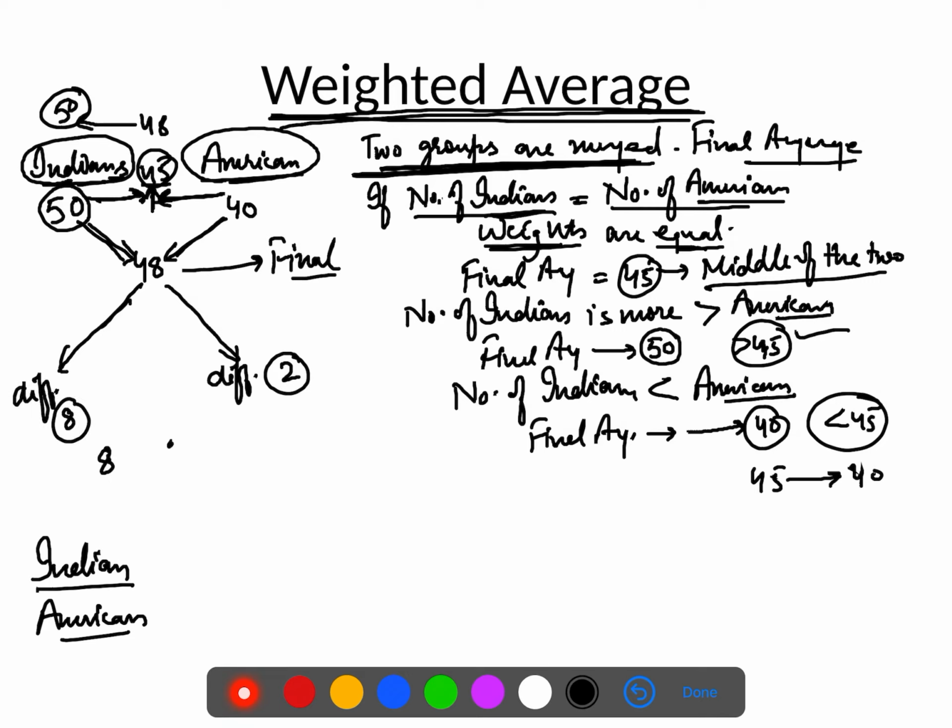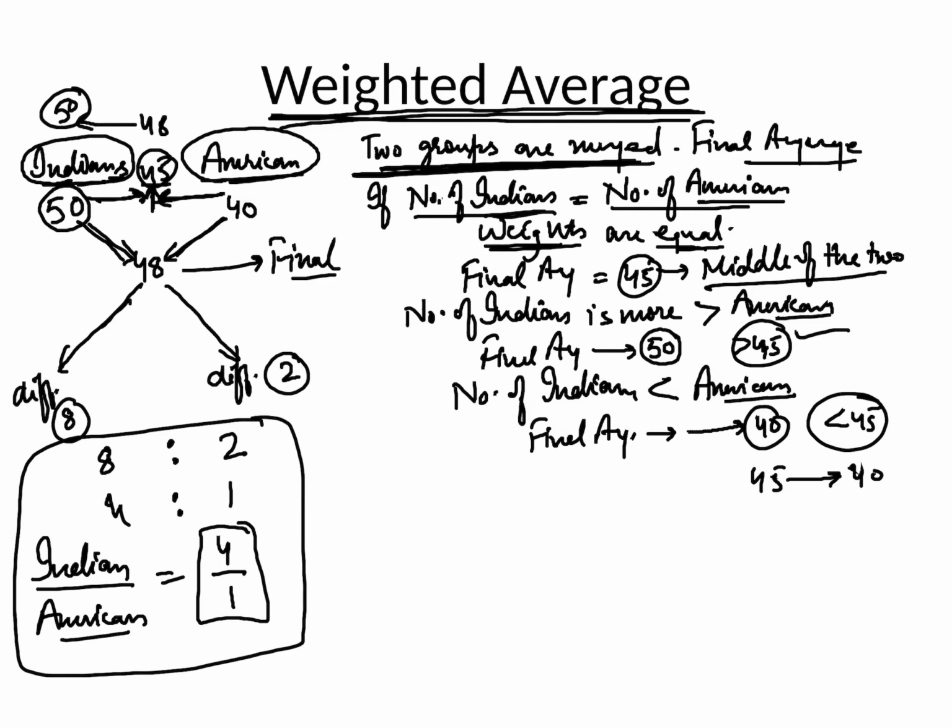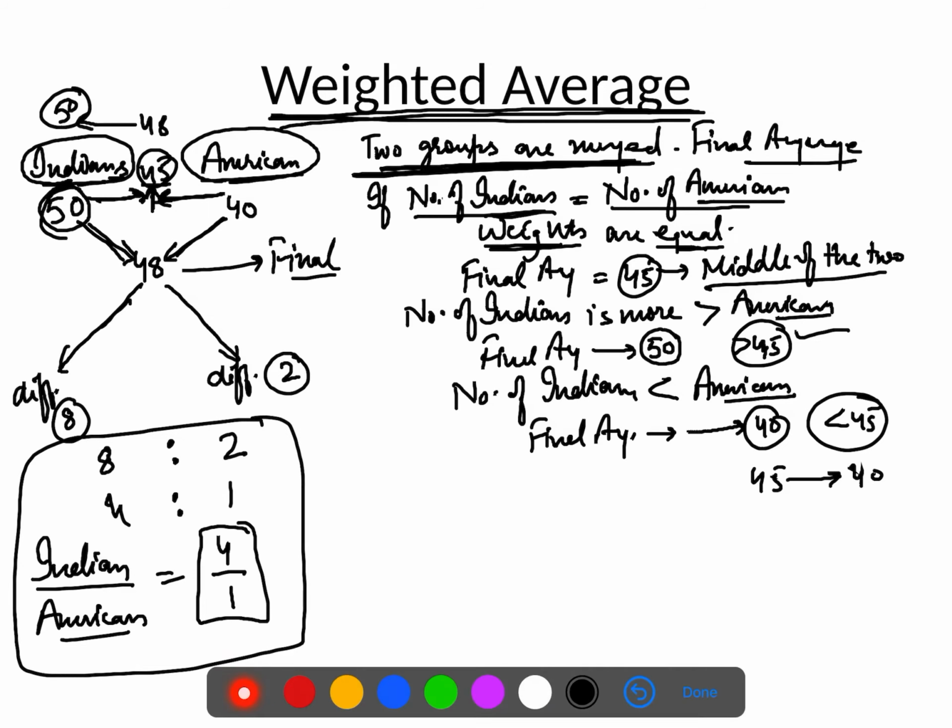This 8 is to 2, or 4 is to 1, is the ratio of Indians to Americans. The number of Indians was not equal to number of Americans, we knew that, but can we actually know what the ratio is? Yes, we can by this method. Write the individual numbers here, 50 and 40, and the final number in the middle. Make a cross, take the differences. That's all we need to do.